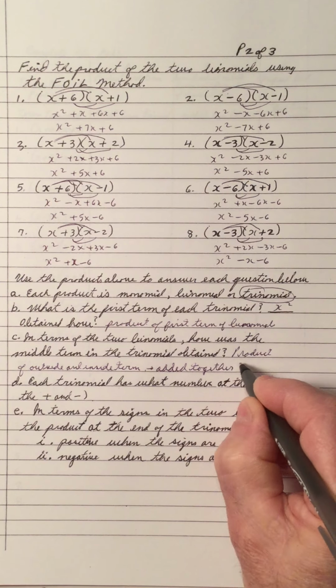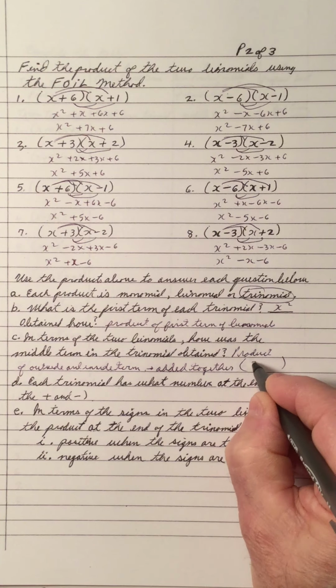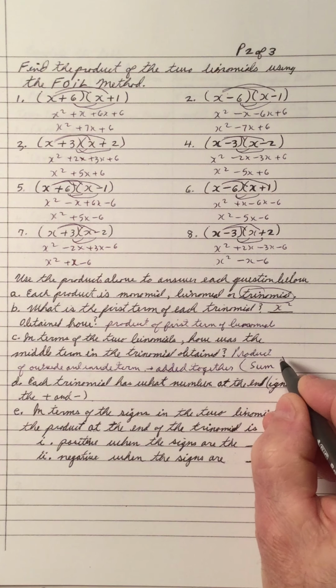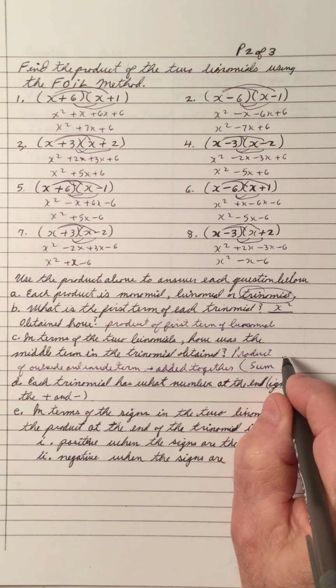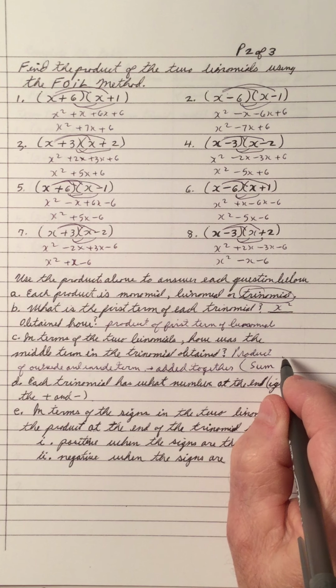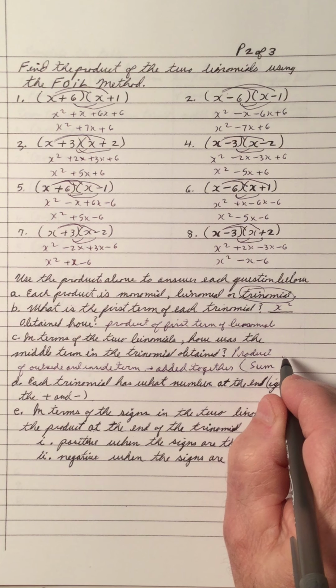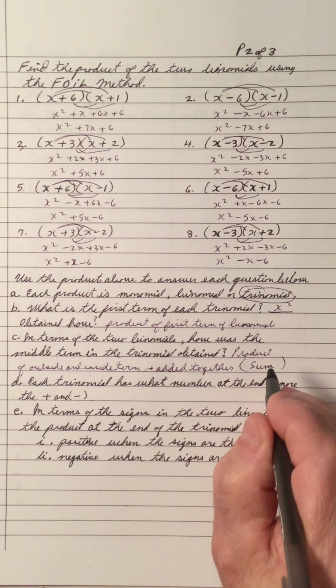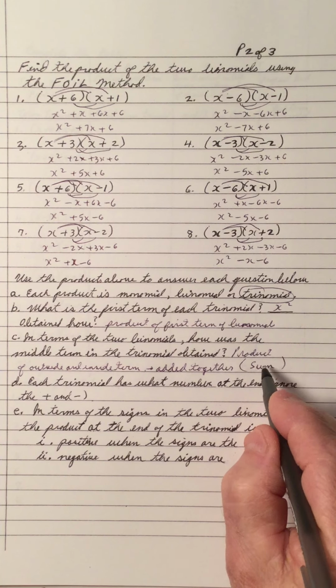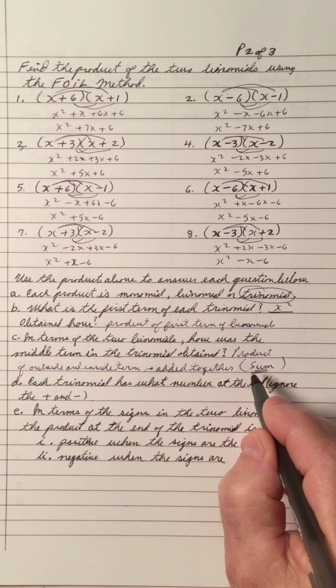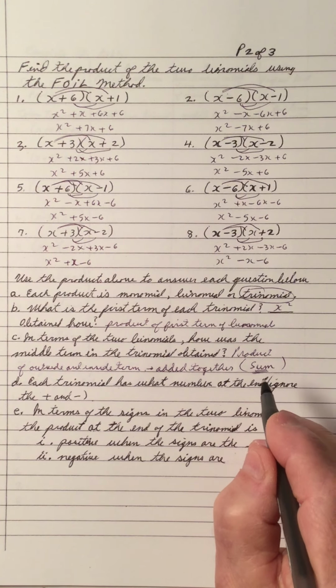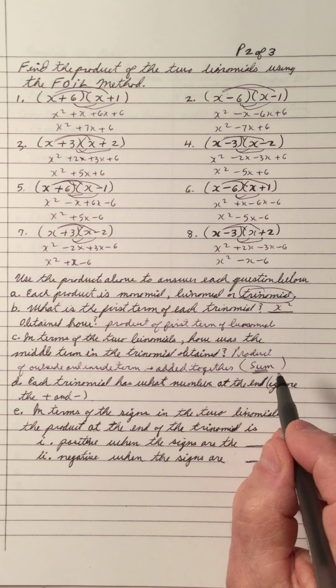In other words, what we're going to write down here is one big word, the sum. The sum of the outside terms multiplied and the inside terms multiplied. So it's the sum of the products of the outsides and insides.